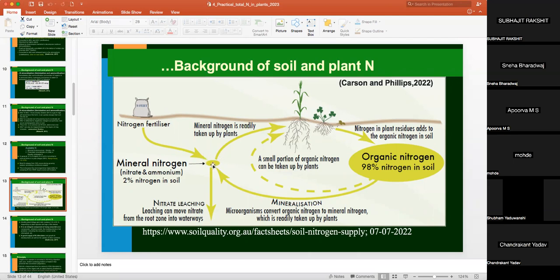Under normal conditions, in how many days can urea provide nitrate? In how many days will urea convert into nitrate under normal moisture, normal temperature, normal soil conditions?